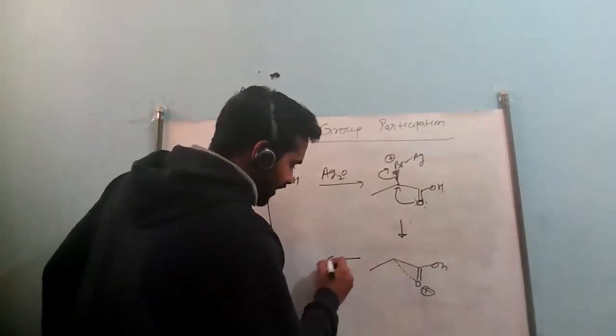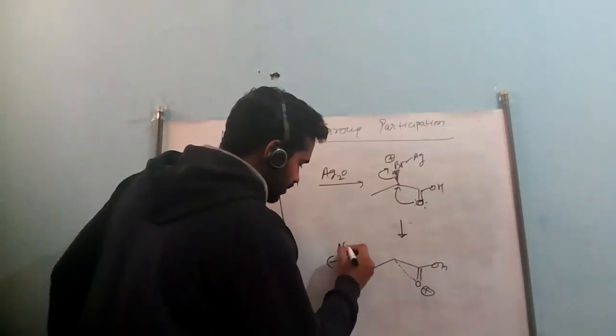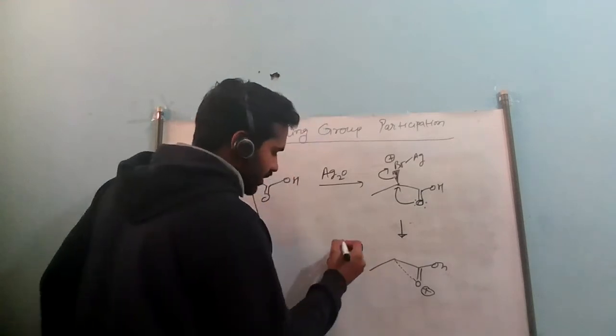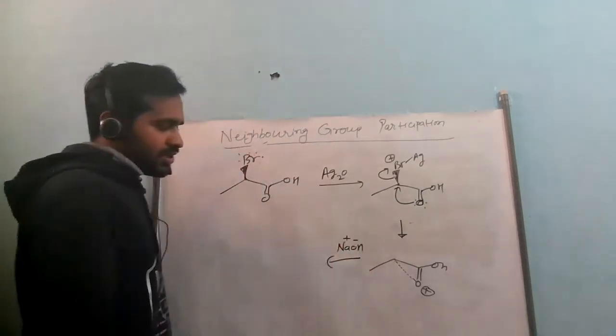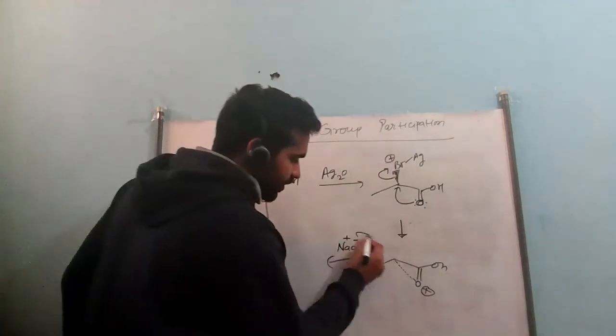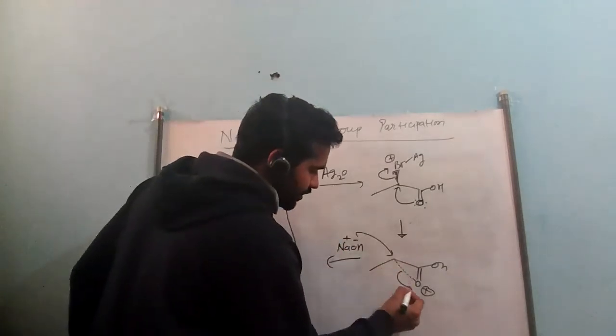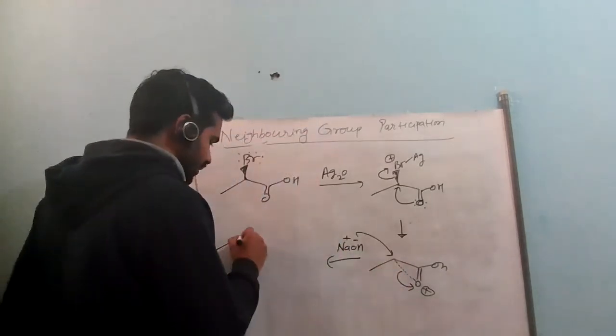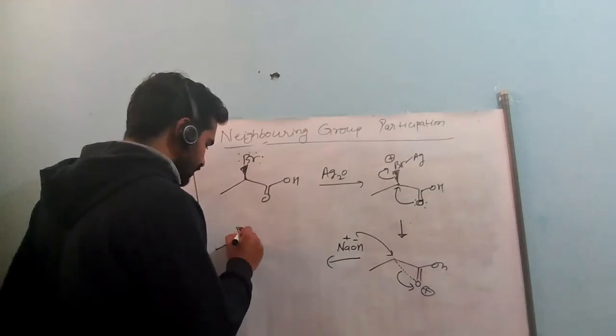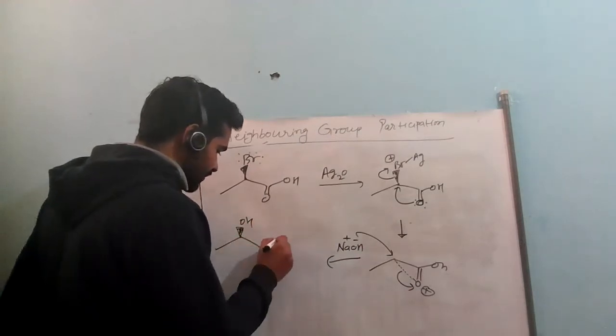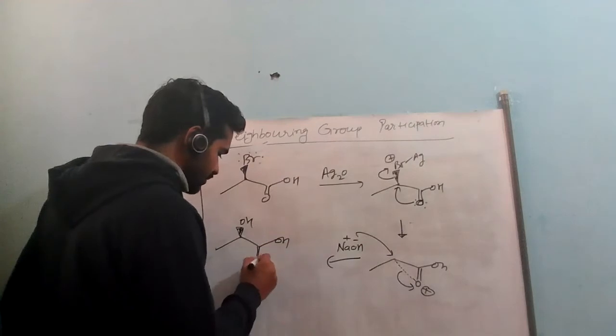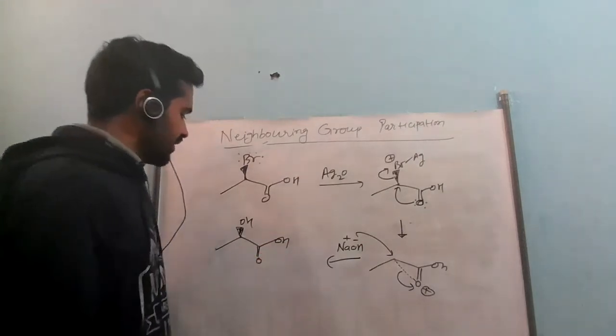Now if I add NaOH, we know that Na is plus and OH is minus. So OH minus will interact here from above the plane, and this bond will shift here, and we will get OH above the plane and this oxygen, right?